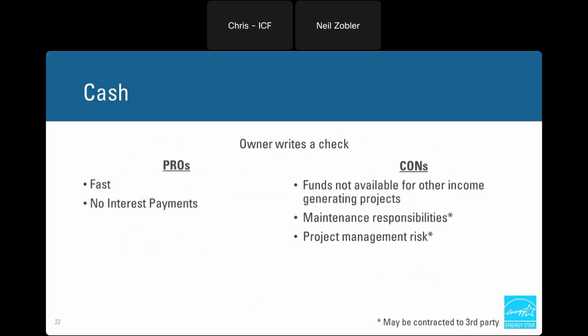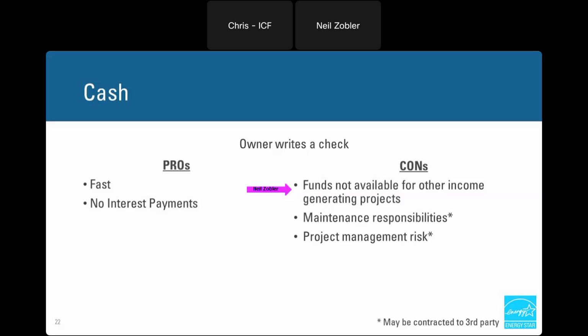So we'll start with cash. I mean, that's a no-brainer. You write a check fast. You don't pay interest. However, funds are no longer available for other income generating projects. And when we're looking at corporations, for-profit corporations, they tend to want to generate income as well as save expenses.